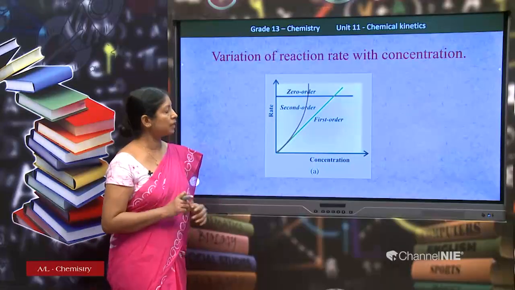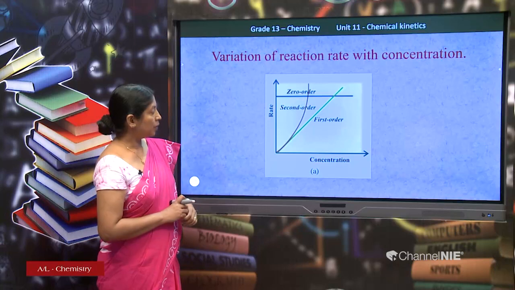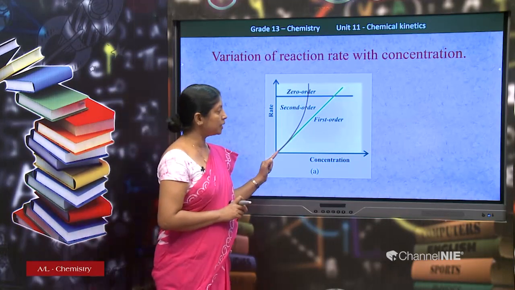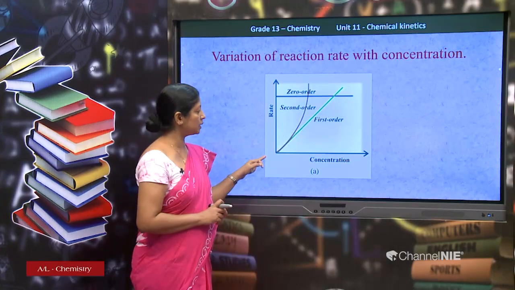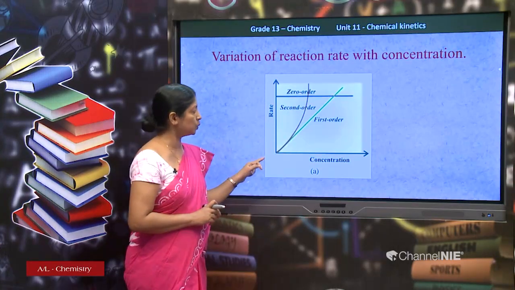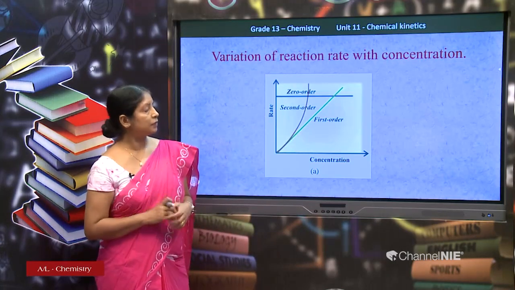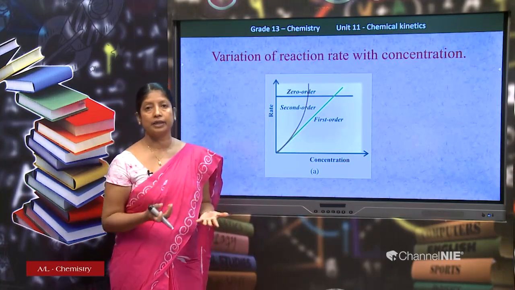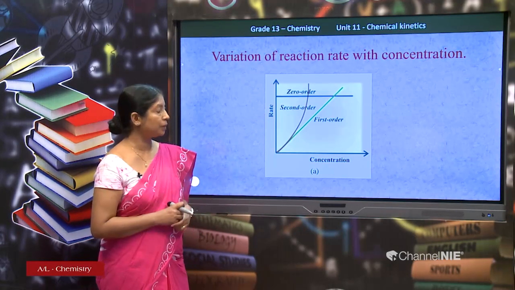So, in a zero order reaction, you can easily identify it from the shape. In a first order reaction, we get a straight line which passes through the origin, as in this green color line. The reason is, in a first order reaction, when I increase the concentration of the reactant by 2 times, the rate gets increased by 2 times.